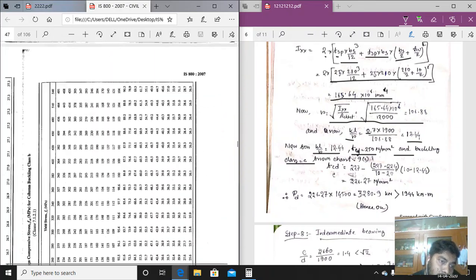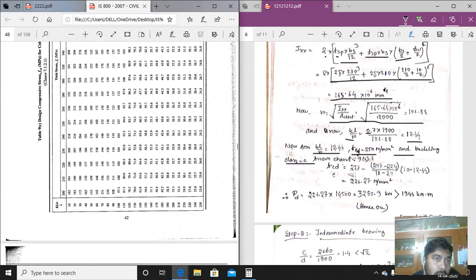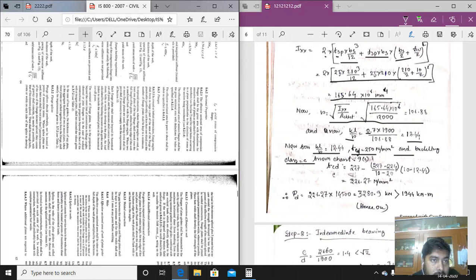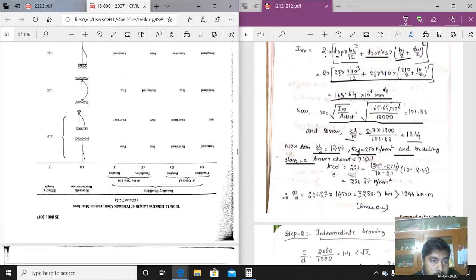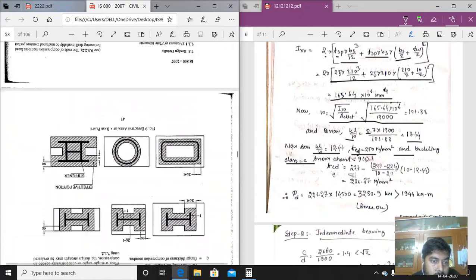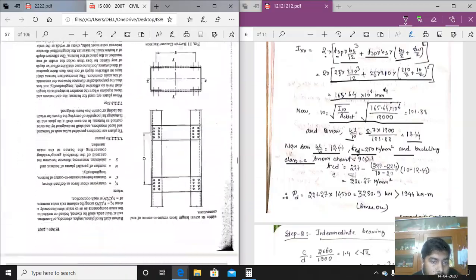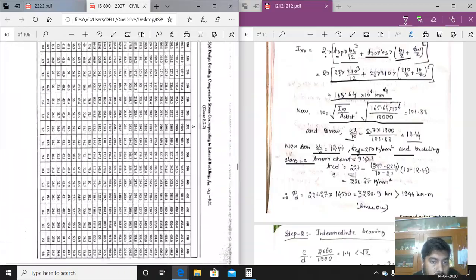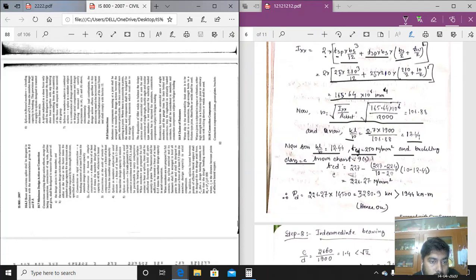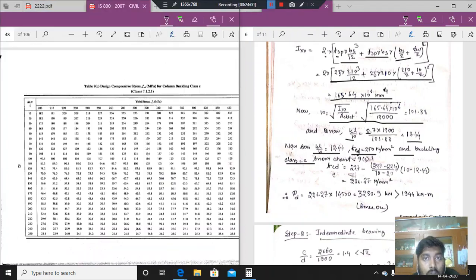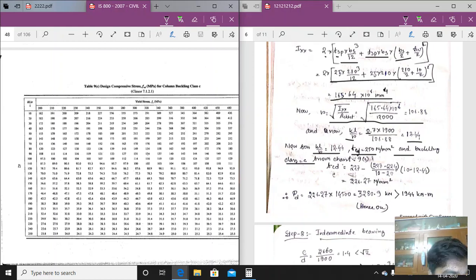Let us find, okay, 9A, 9B, 9C. So this is the 9C table. From here, for KL by r ratio 12.54, it will be in between those values, and for fy 250.